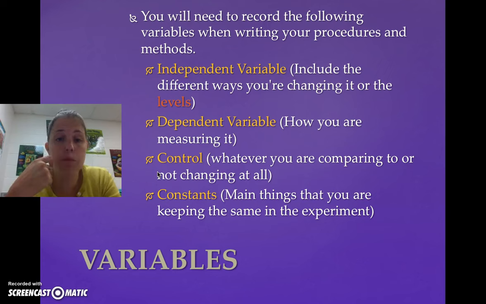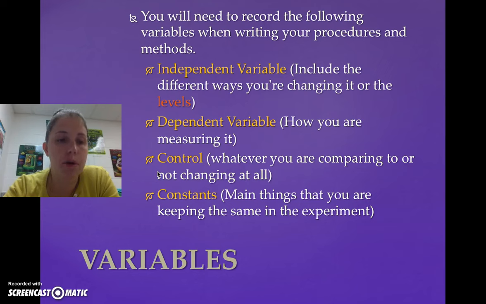The dependent variable and how you're measuring it. So here I'm measuring plant growth in that example, and so plant growth would be measured, let's say, in centimeters with a ruler, a metric ruler. Control, whatever you're comparing to, are not changing at all. So in that example, that would be the plant that receives only natural ways of getting water. And then constants, the main things that you're keeping the same in the experiment.